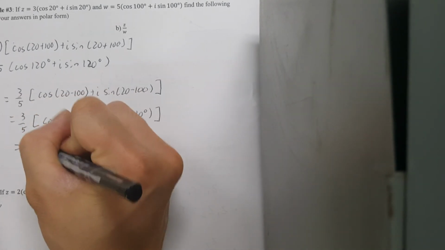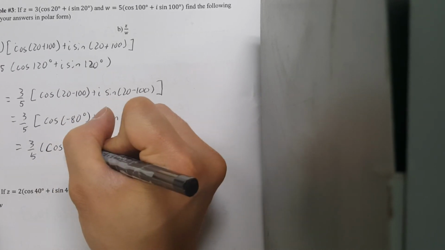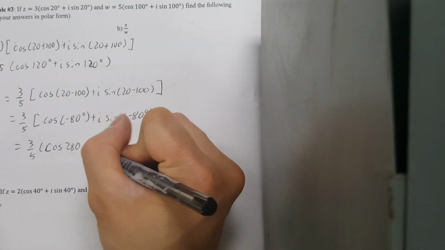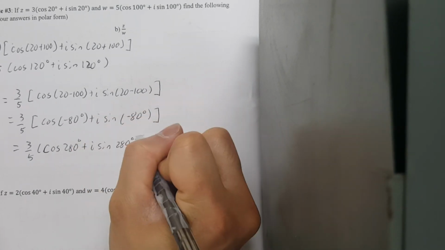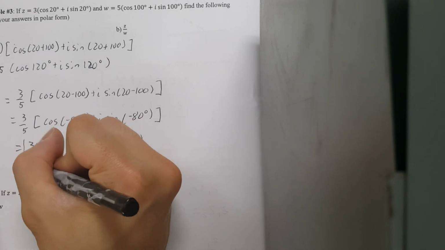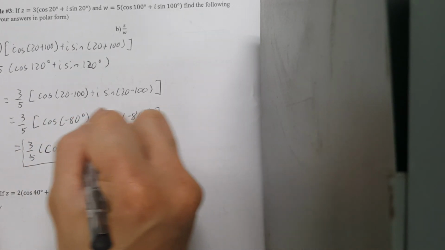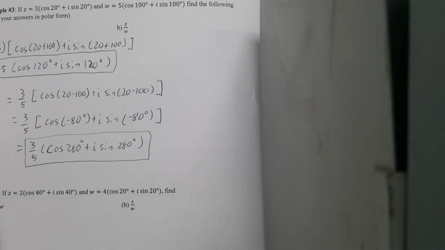So this is really 3/5 cosine of 280, because I just added 360, plus I sine of 280. And that is the quotient of the two complex numbers. Okay? So now you know how to multiply and divide complex numbers in polar form.